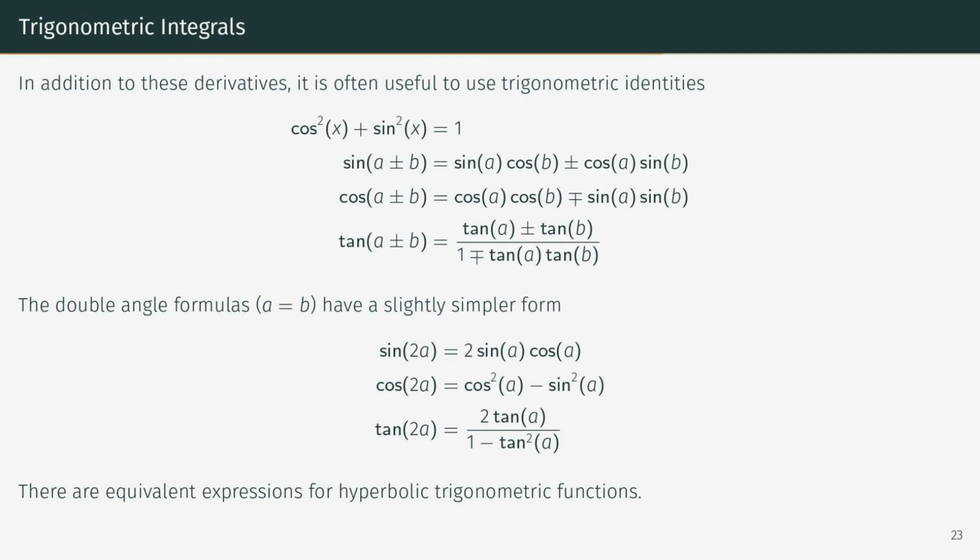The sine of 2A equals 2 times the sine of A cosine of A. The cosine of 2A equals the cosine squared of A minus the sine squared of A. The tangent of 2A equals 2 times the tangent of A divided by 1 minus the tangent squared of A. There are also equivalent expressions for the hyperbolic trigonometric functions, and those are things that you can look up if you need them.